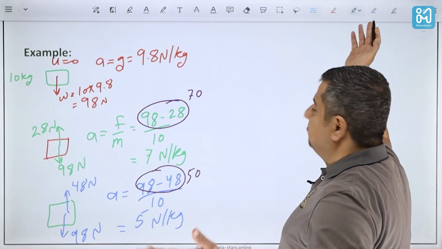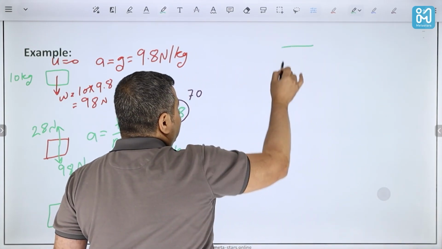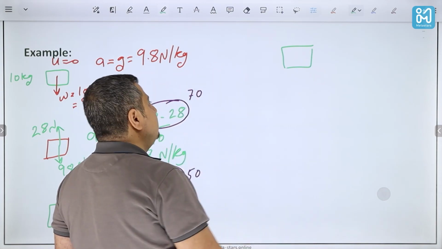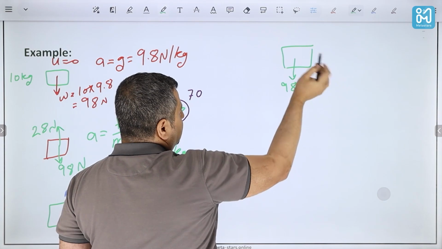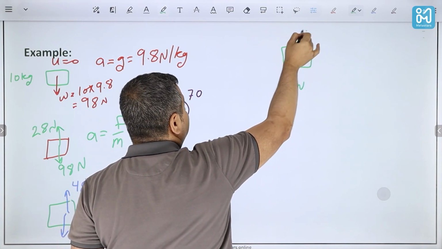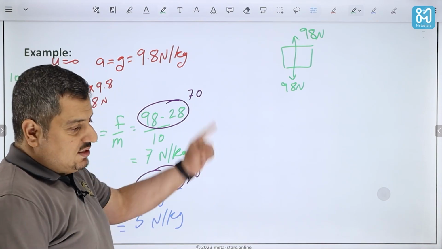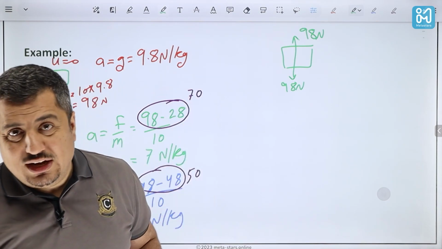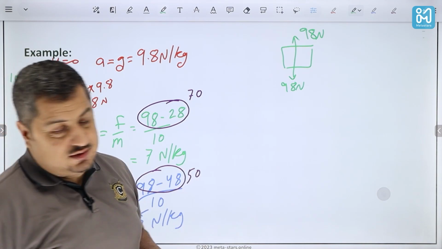But until what? The thing is, you will reach a point at a certain speed where if the weight is 98 newtons, the air resistance will also be 98 newtons. So the air resistance will keep increasing to reach an amount equal to the weight.